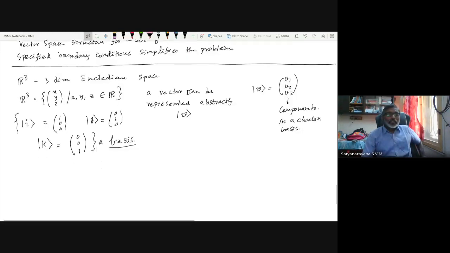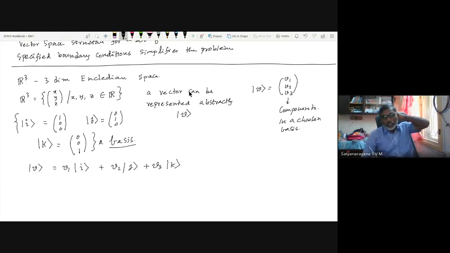So you can write this arbitrary vector V as V1 times i plus V2 times j plus V3 times k. Now, the column structure that I have written for ijk tells you that this will be equal to V1, V2, V3.